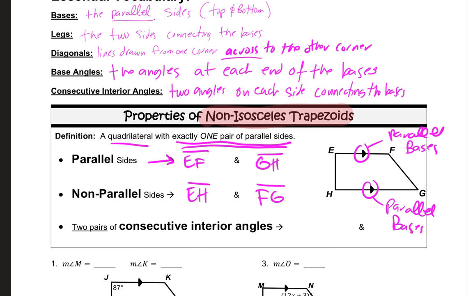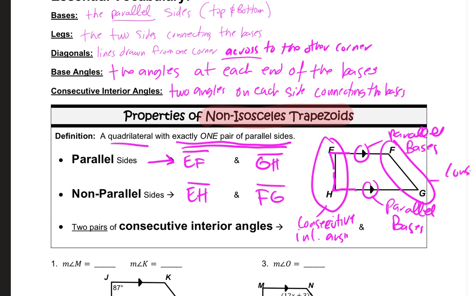This angle and this angle are a pair of consecutive interior angles, and these two right here are also consecutive interior angles. So a non-isosceles trapezoid has a pair of parallel sides, a pair that are not parallel, and these consecutive interior angles.